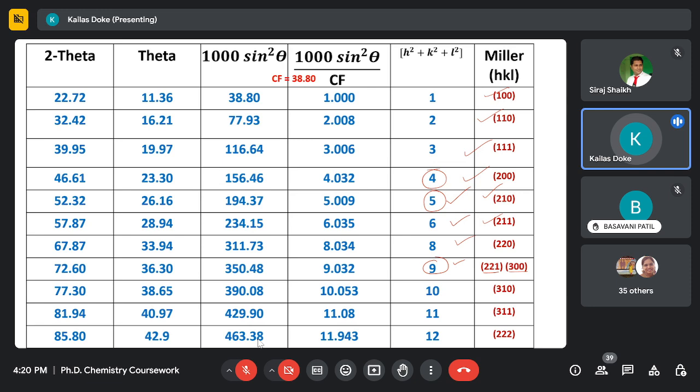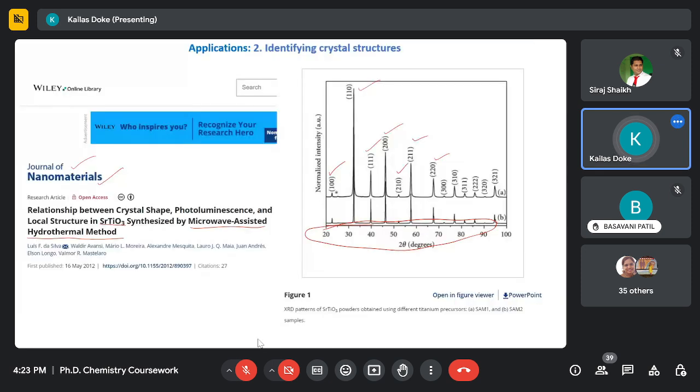And these planes, these Miller indices, you can index in the structure like this one before publishing a paper, as the 100 peak, 110 peak, 111 peak, 200 peak, 210 peak sequentially.